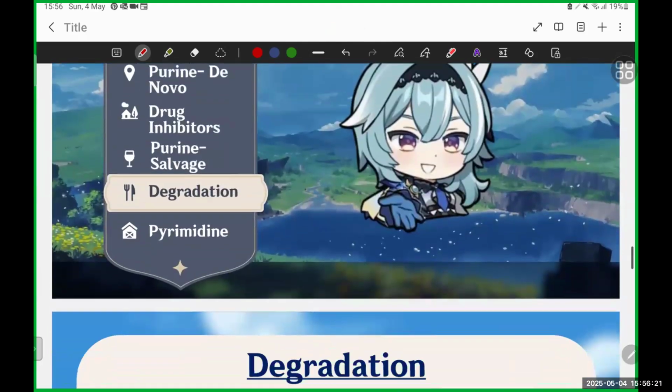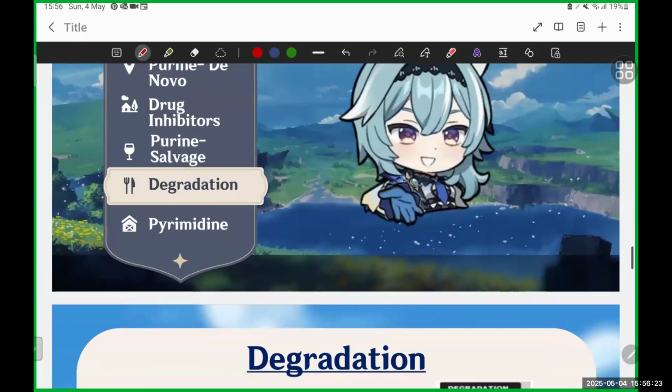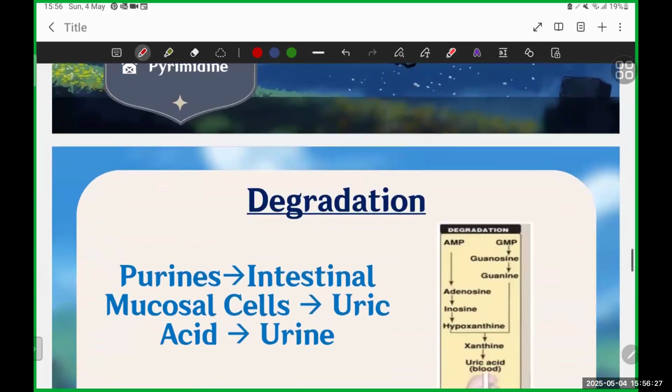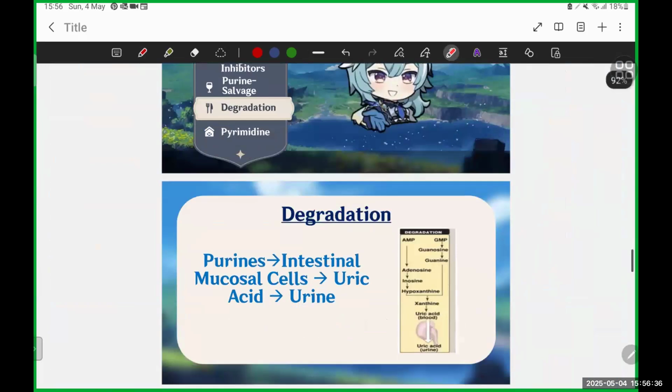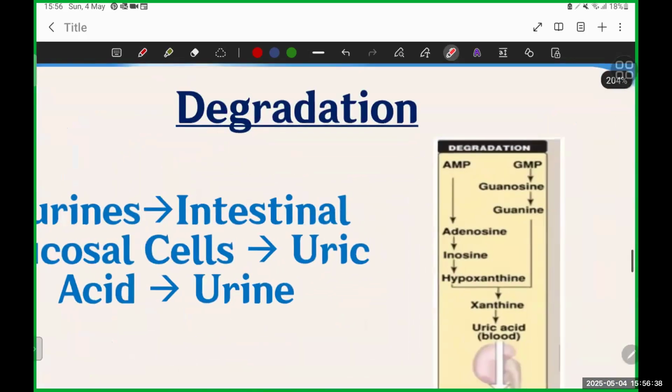Okay, so we formed the purine, and now we need to degrade it. Quickly going over it again one more time. Again, you have the PPP or the shunt. You probably won't be asked this, at least not in this lecture. Then you have the ribose 5-phosphate, and then you activate it.